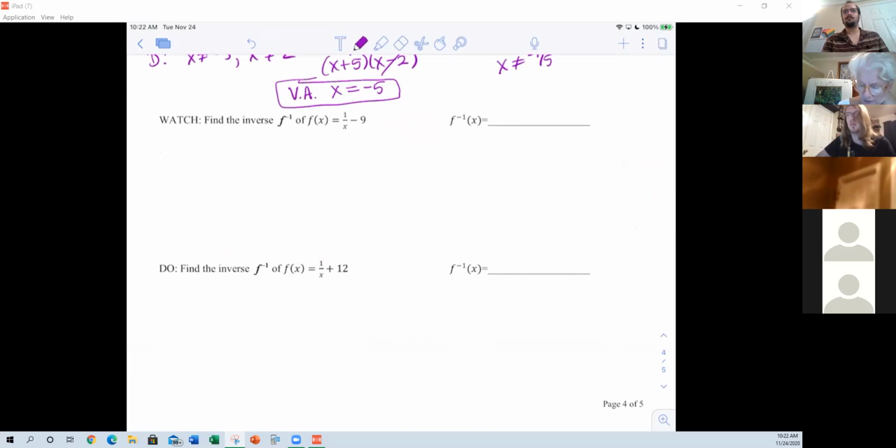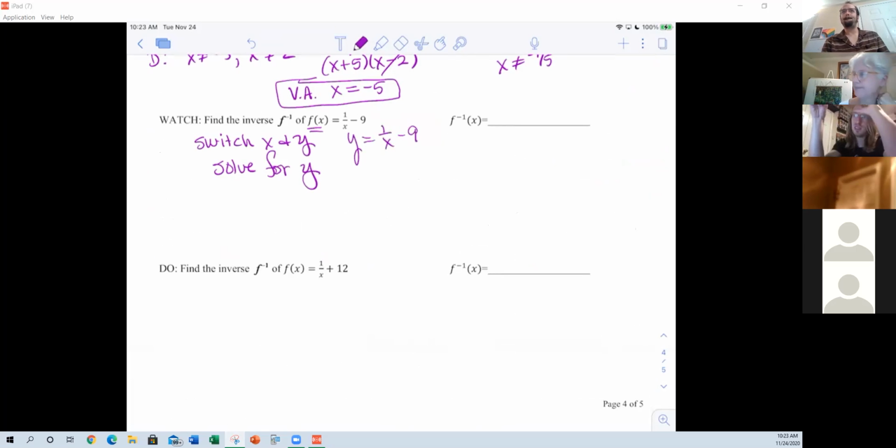Okay, so to find the inverse, remember you switch the x and y and solve for y. So I'm going to first write it as y equals 1 over x minus 9. Then I'm going to switch the x and the y and solve for y. Here I add 9 to both sides, so I get 1 over y equals x plus 9 over 1.